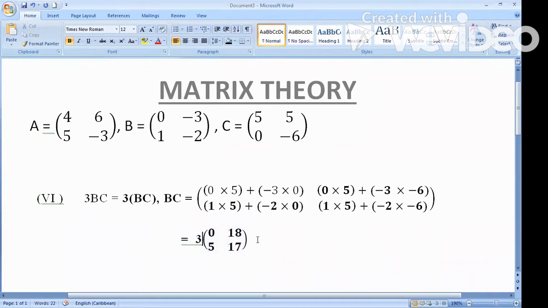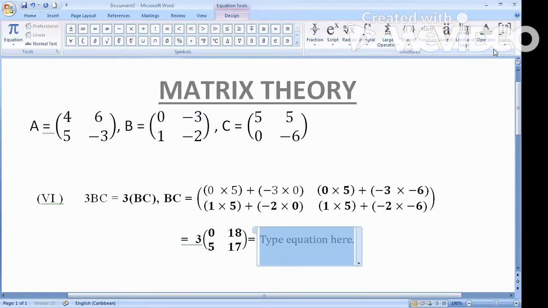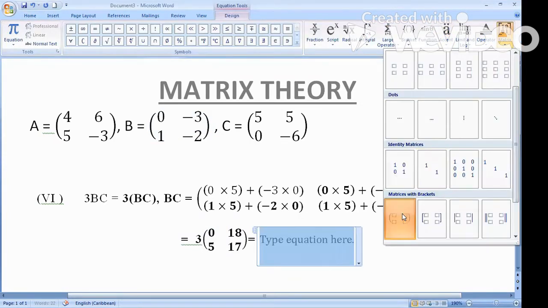So then we're going to multiply everything inside by 3.